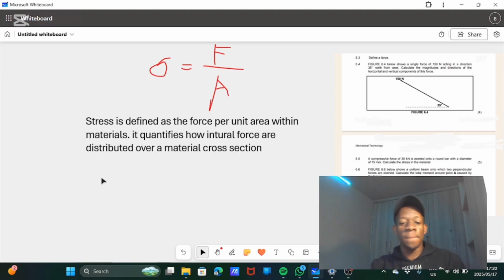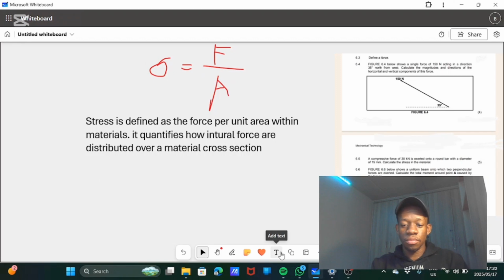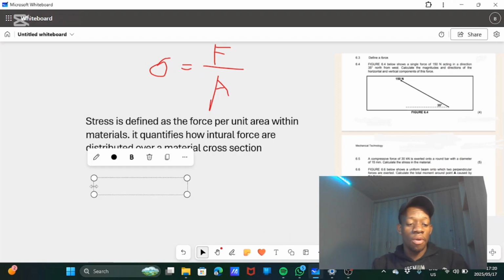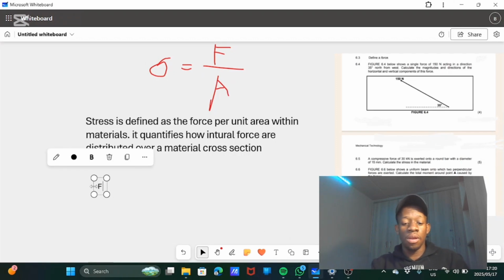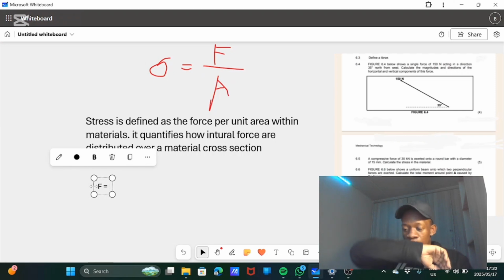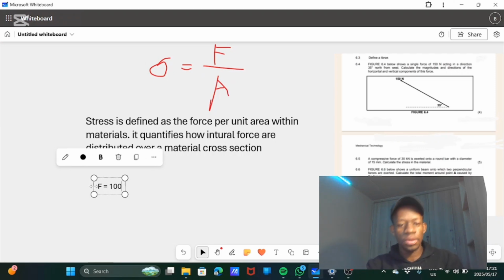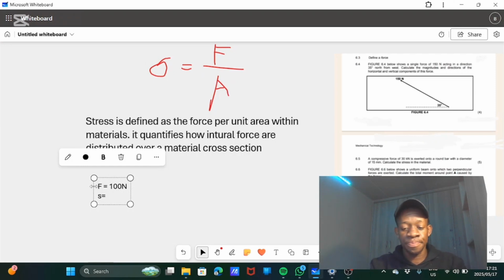Let's say you are given a force of magnitude 100 newtons, and we have S, which is 0.5 meters.